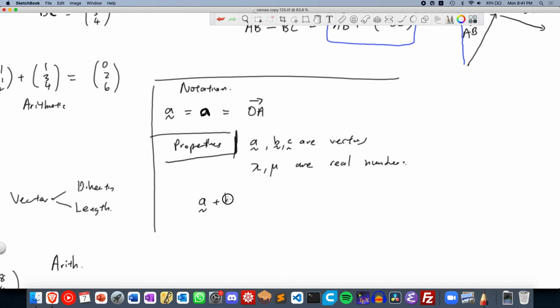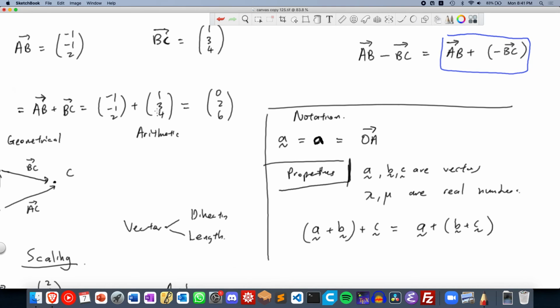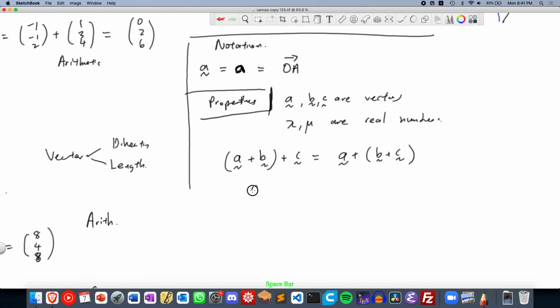So A plus B, plus C, where we put brackets around A and B, actually corresponds to A plus B plus C. And if you go ahead and look at why that is so, it is quite obvious from the addition of vectors definition. Likewise, you have commutativity, which is that A plus B is equal to B plus A. So this is the associativity, and the next one is commutativity.